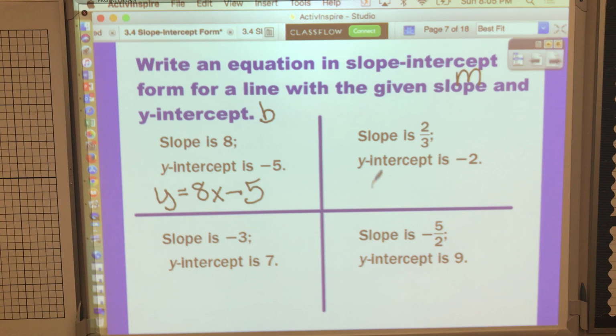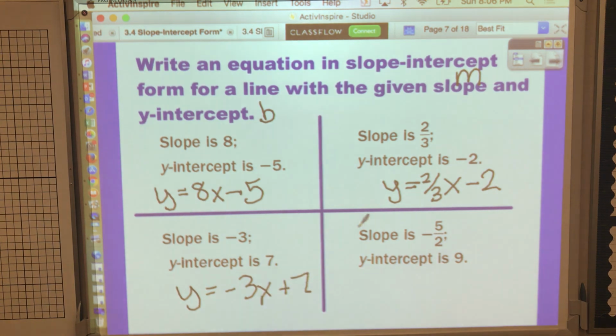Okay, second one, m is here, here's b, so y equals 2/3 x minus 2. Down here, m is negative 3, slope. Our b, our y-intercept, is 7, so we have y equals negative 3x plus 7.